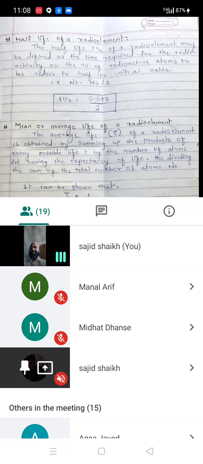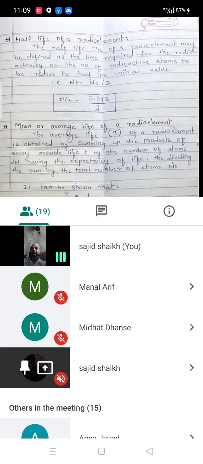Let's say, for example, if 100 atoms are there for a particular radioactive element, then out of this 100 there should be a loss of 50, means it should convert and produce the daughter element having 50 atoms. It is called the half life period, or half life, of that particular radio element.